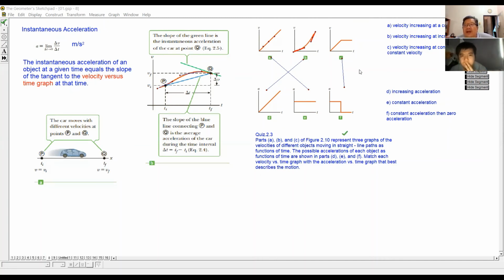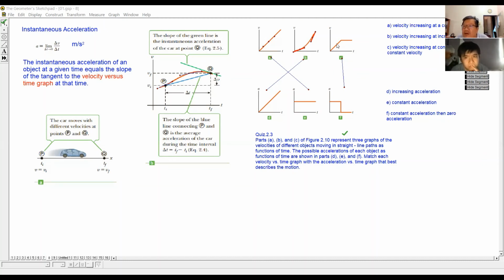Now, in the last case here, the velocity versus time graph is a straight line like this. It is not a curve. So what can you say about the acceleration in this part, the first part of the journey?